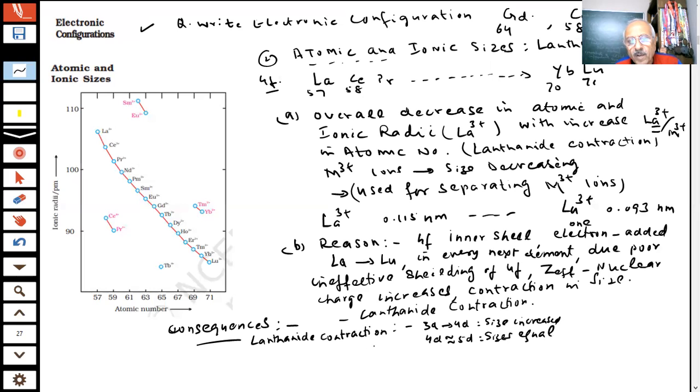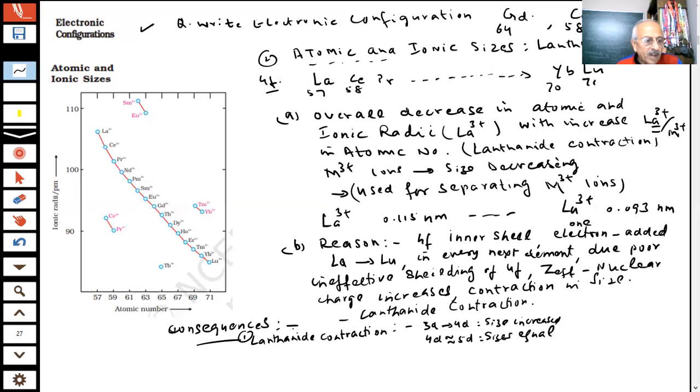That was due to the lanthanide contraction. So when we discussed those series, the sizes of 5d contracted because of the poor shielding, the screening effect of 4f. 5d and 4d are almost having the same sizes. The increase is not as expected. So that was a consequence of lanthanide contraction, student.